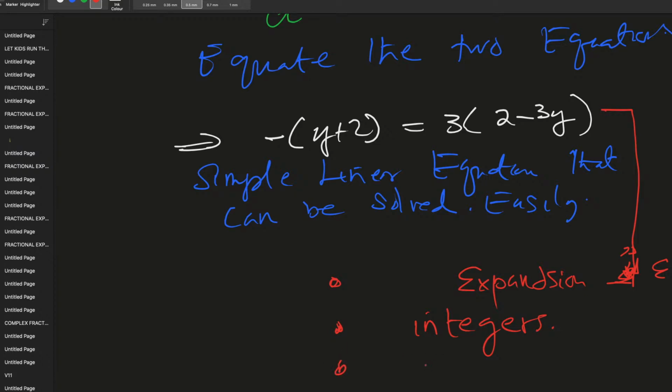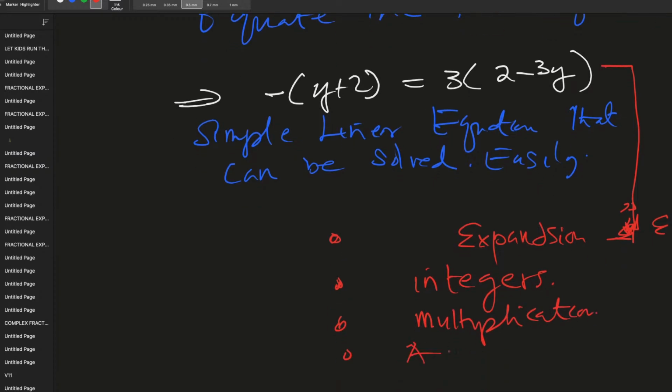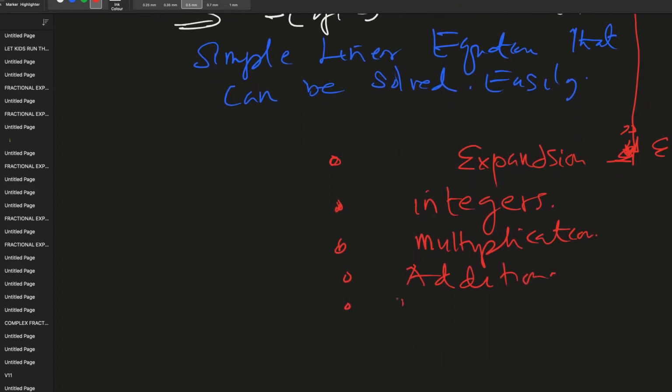Also, your multiplications and a simple addition and subtraction will expose us if we are not strong with that.